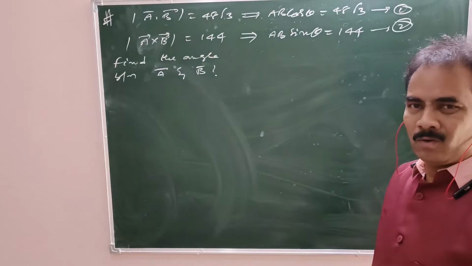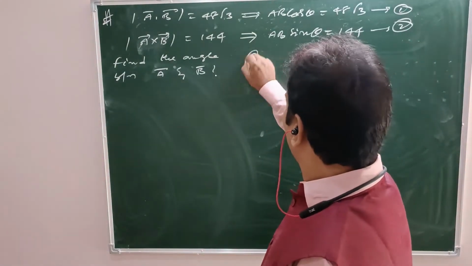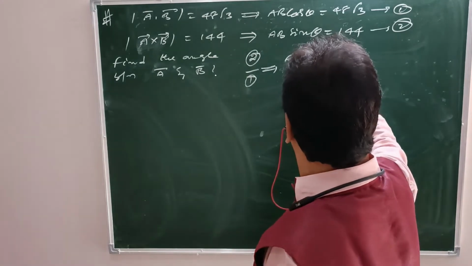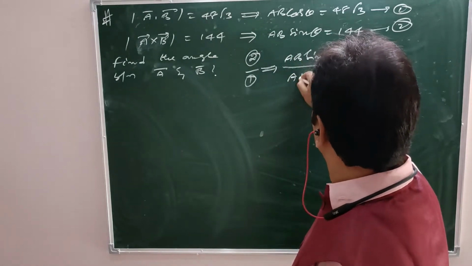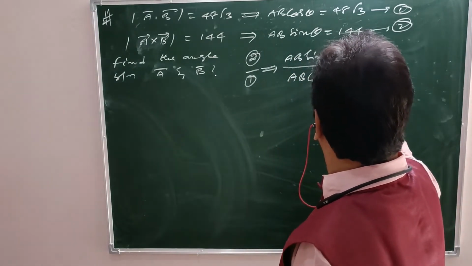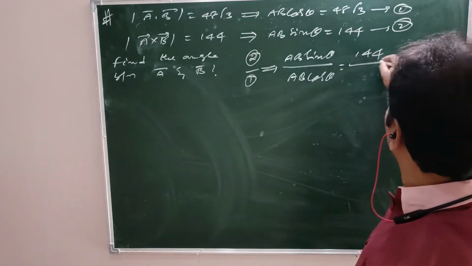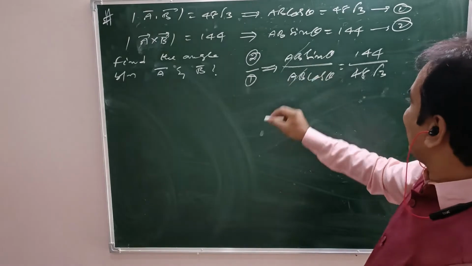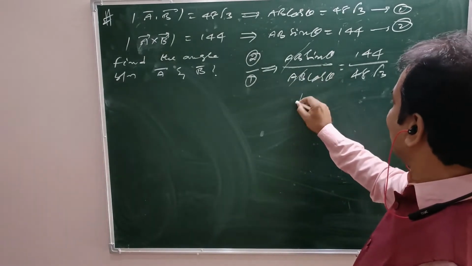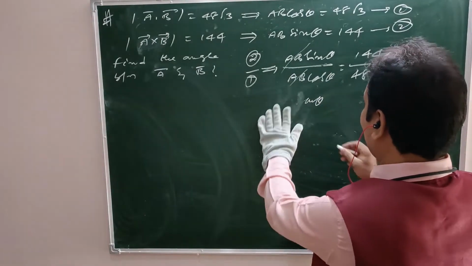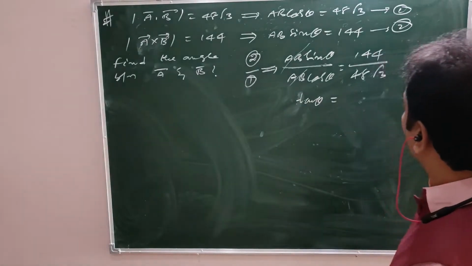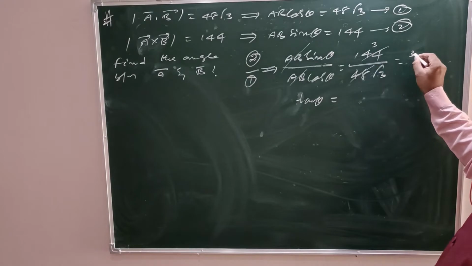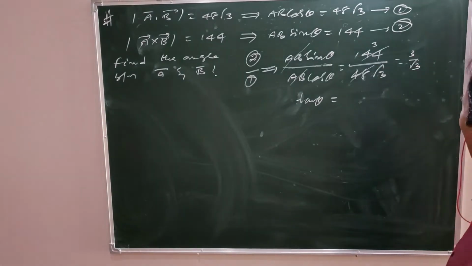Now I am taking 2 by 1, that implies AB sin theta by AB cos theta equal 144 divided by 48 root 3. AB gets cancelled. We are left with sin theta by cos theta, that is tan theta. Tan theta equal to 3 by root 3.